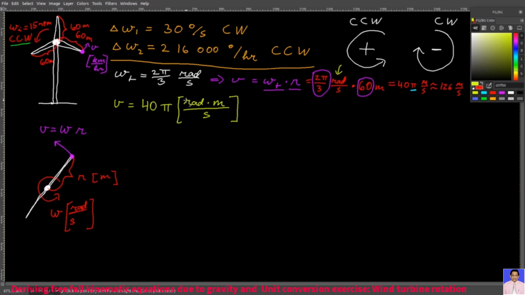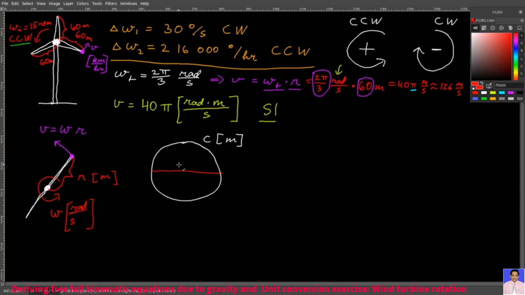Well, let's see how we get the radians in the first place. Let's write it out in the fundamental SI units. When you have a perfect circle, this circle has a circumference, let's call it C, and we measure that in meters. The circumference is simply the length of this white line.